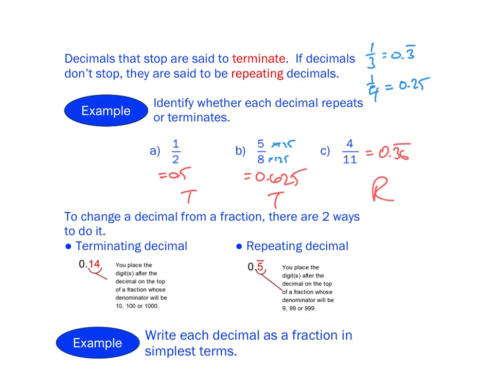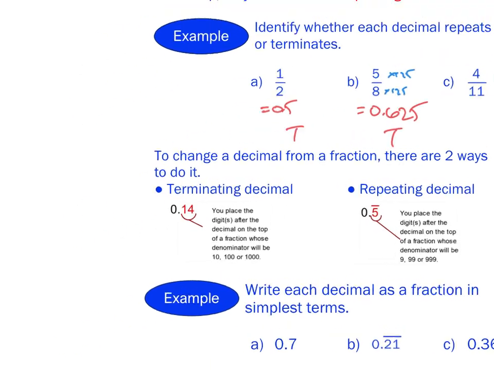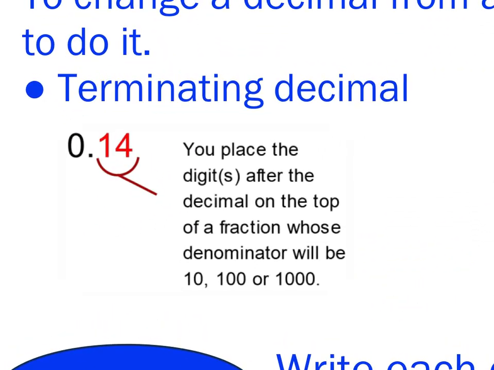So, to change a decimal to a fraction, there are 2 ways to do it. If it terminates, like for example the decimal 0.14, you take the digits after the decimal, the 1 and the 4, and because there are 2 digits after the decimal, you put that number, 14, over 100.